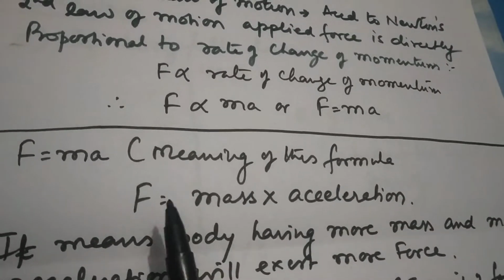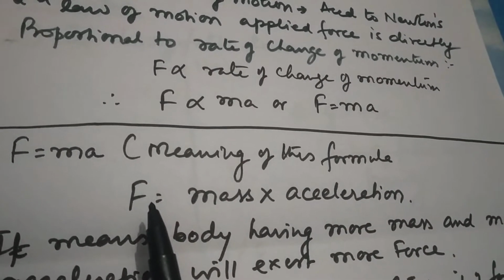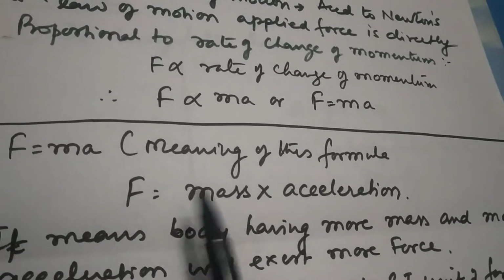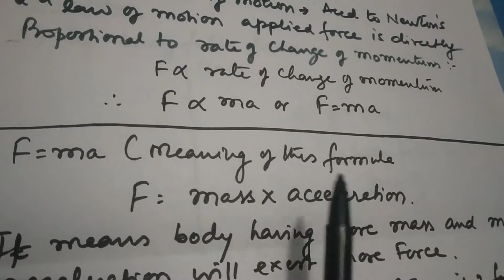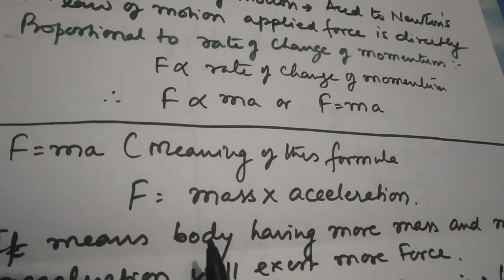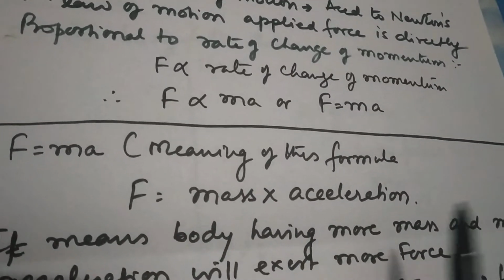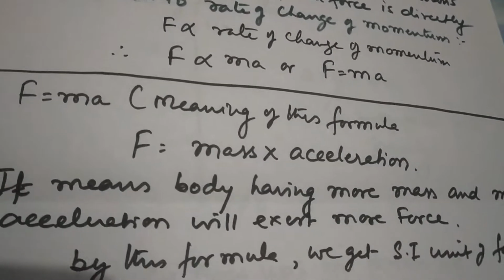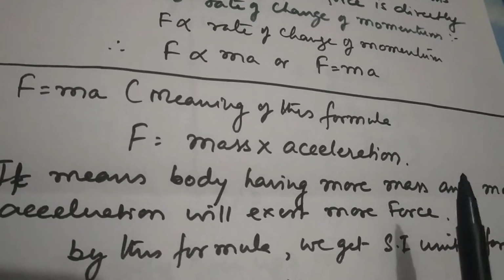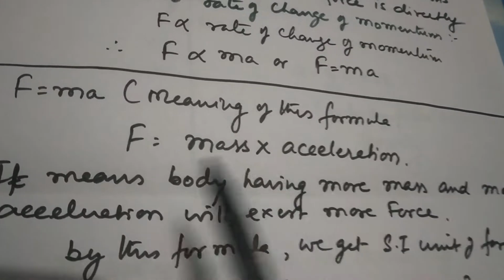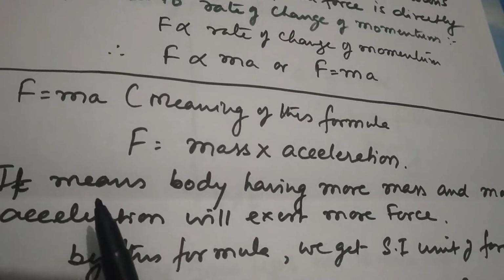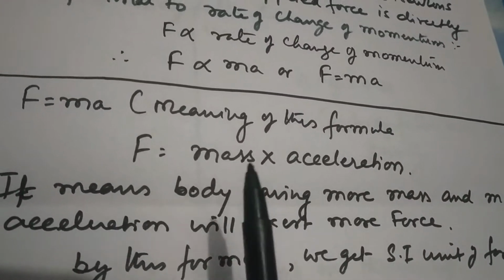It means your force depends upon two factors. One factor is mass and another factor is acceleration, and both are directly proportional. If a body has more mass and more acceleration, it will exert more force, and vice versa.